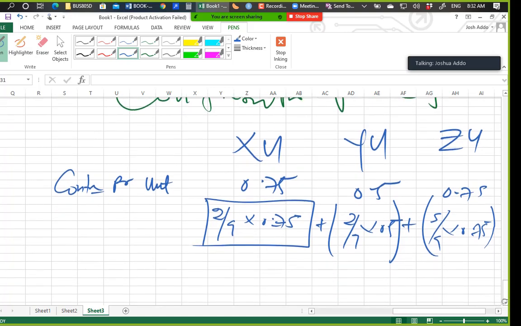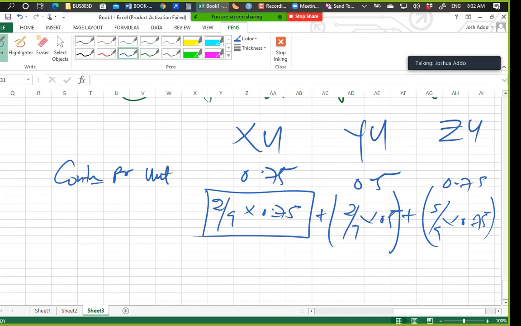So let's do it. 2 over 9 times 0.75 is 0.166666. Sometimes that's a problem. If we round, we get slight differences. So let's do it like that.